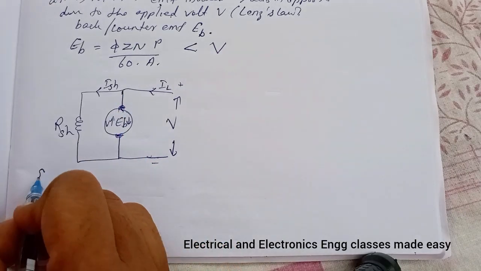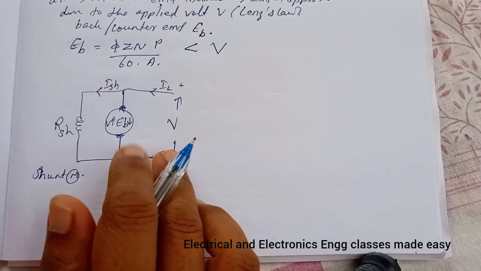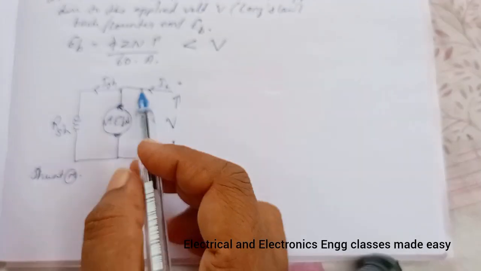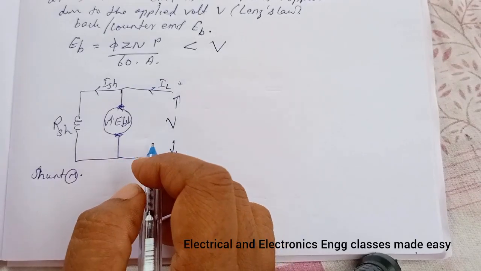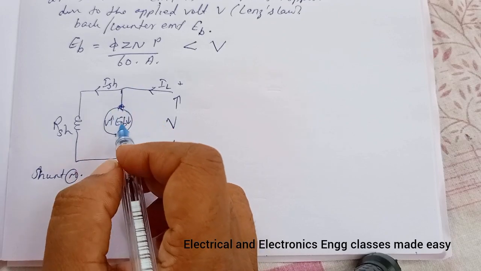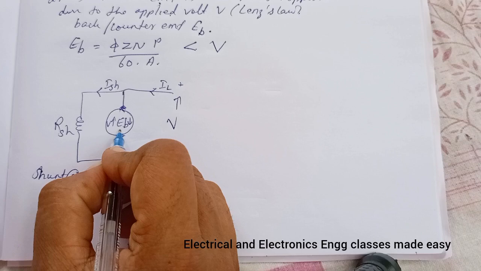Consider a shunt motor. So here when DC voltage V is applied across the motor terminals, due to driving torque, the armature begins to rotate, and this rotation produces back EMF EB.